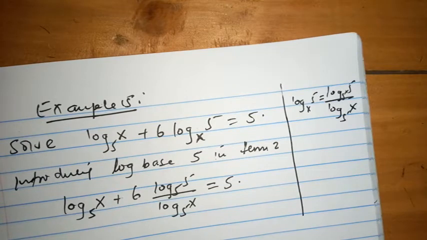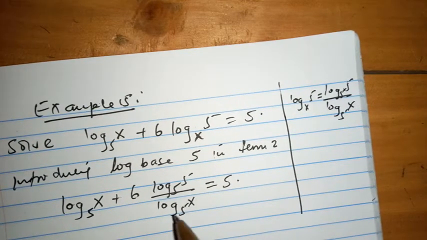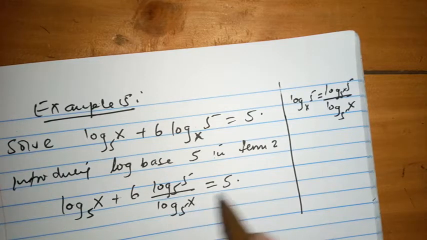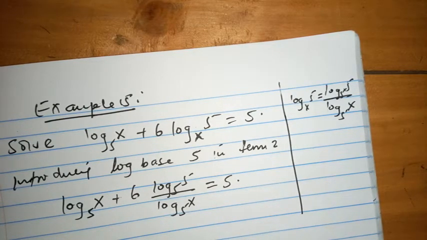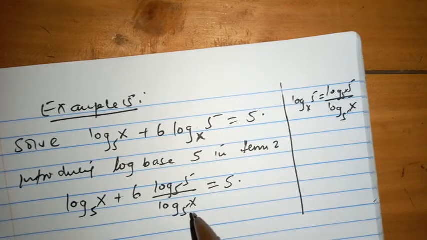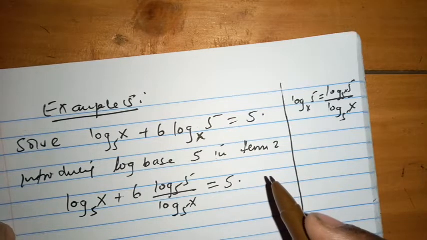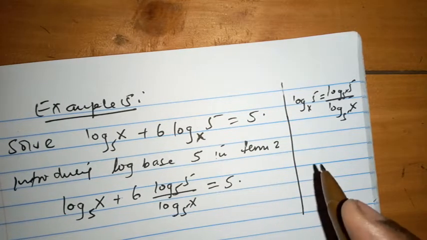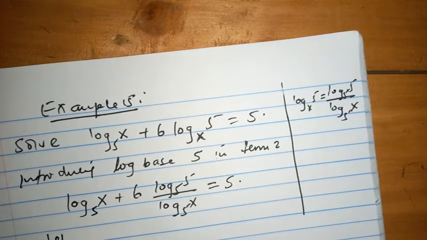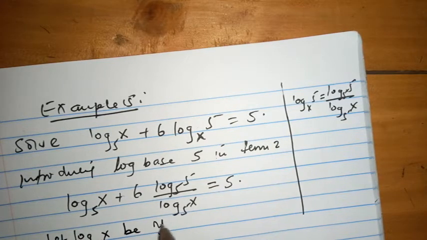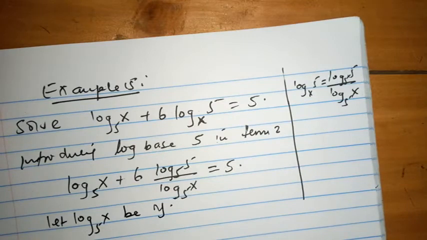And of course, it goes without saying that we still don't know what log to base 5 of x is, and therefore we cannot just solve it further than that. So we must let it assume a different value. So let log to base 5 of x be something like y or x or p or whatever it is.